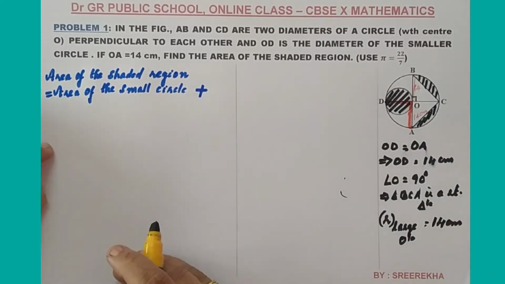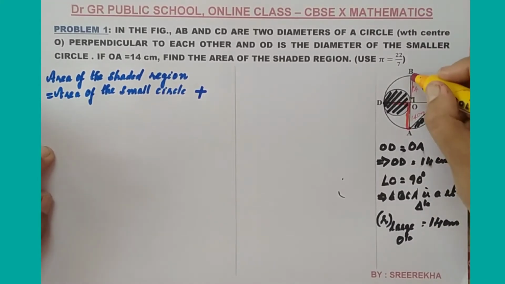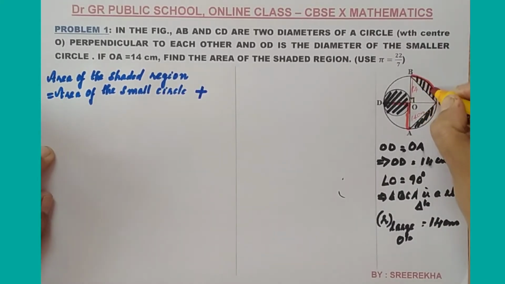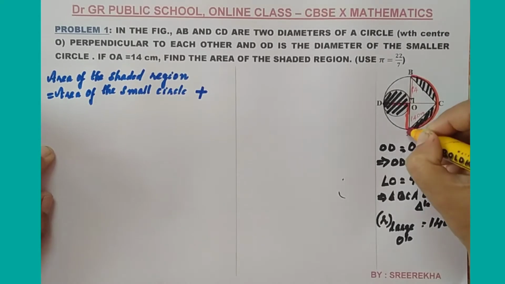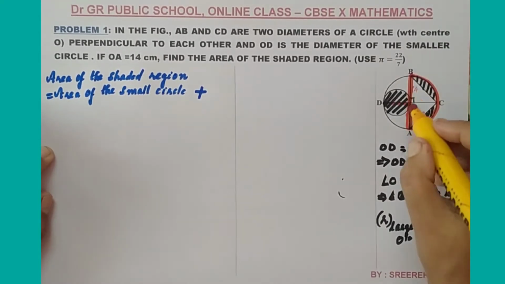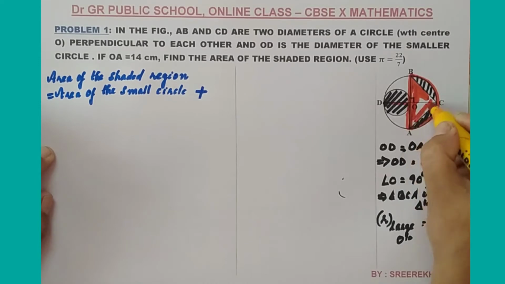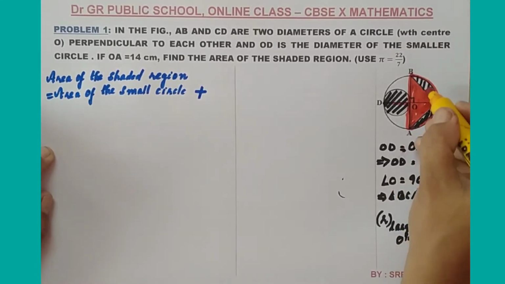That area actually is the area of the right side semicircle BCA. If you subtract the triangular area from this area, you will get the area of the shaded region on the right side.